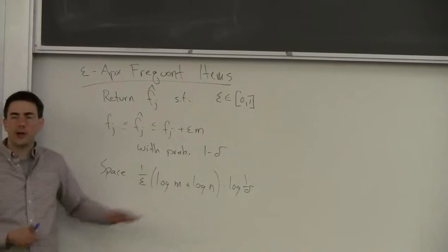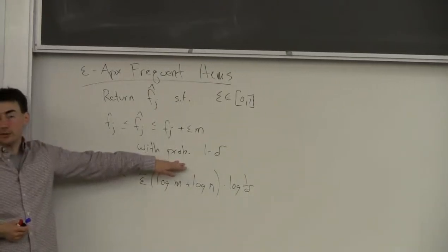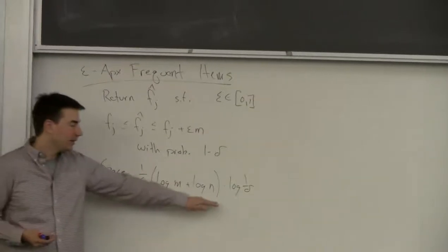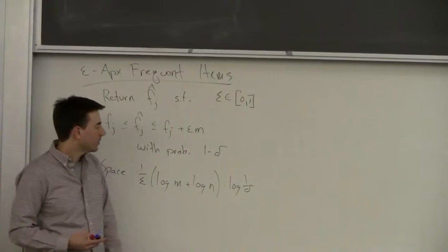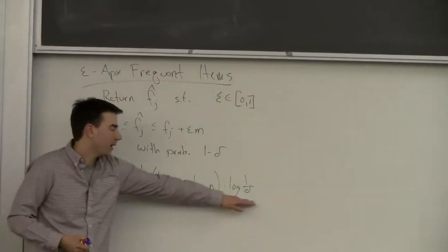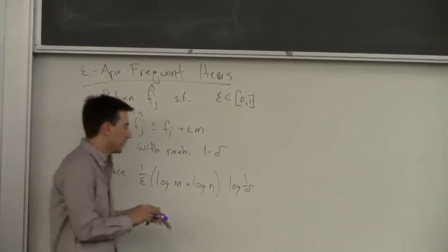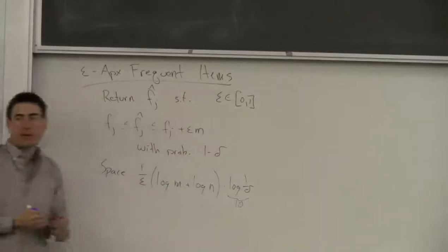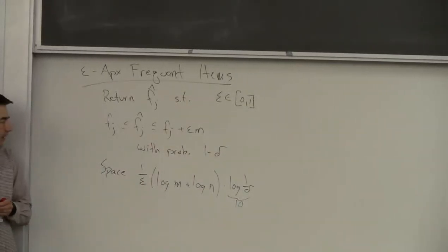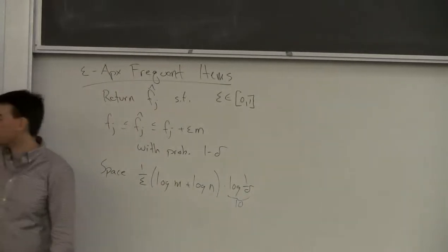The claim is weaker: it's a randomized algorithm, has some probability of failure, and I need more counters. Actually, in practice people often set this log 1 over delta to something like 10, or maybe even 5 would be okay. But it's going to have some nicer properties than the Misra-Gries algorithm.